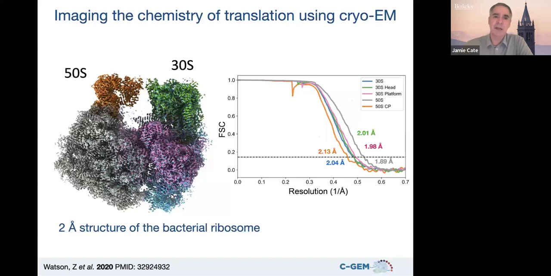Within this image, we have 16S RNA over here with a little over 20 proteins, 5S and 23S RNA over here with over 30 proteins. We can get all of this information about where these roughly 250,000 atoms are by using cryo-electron microscopy.